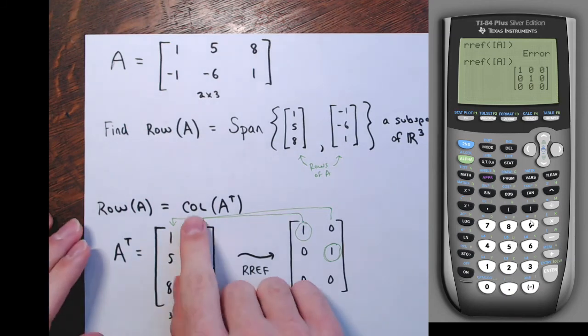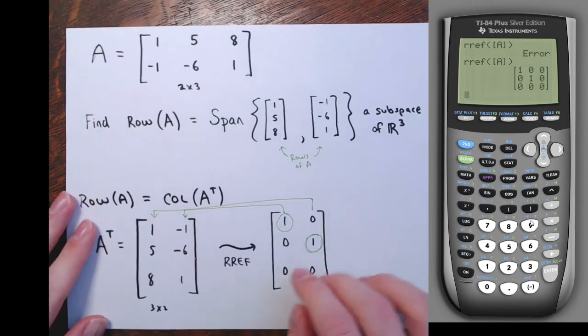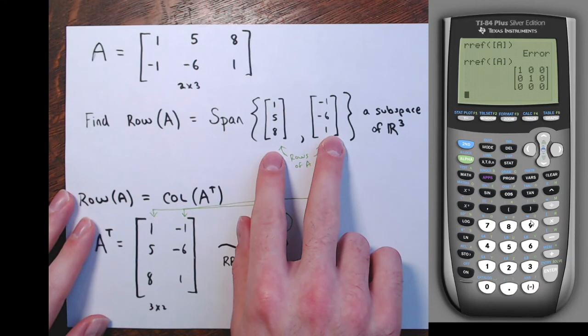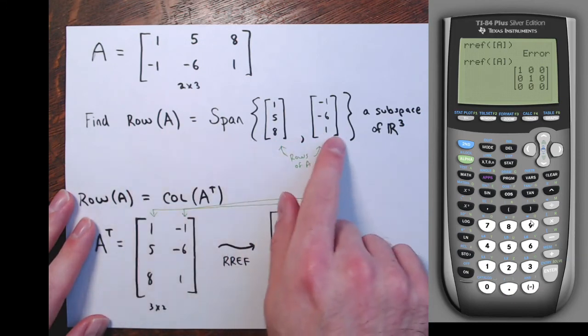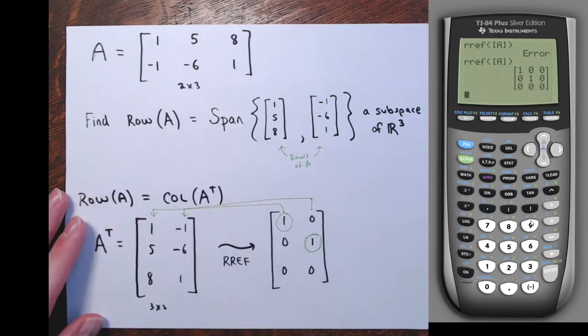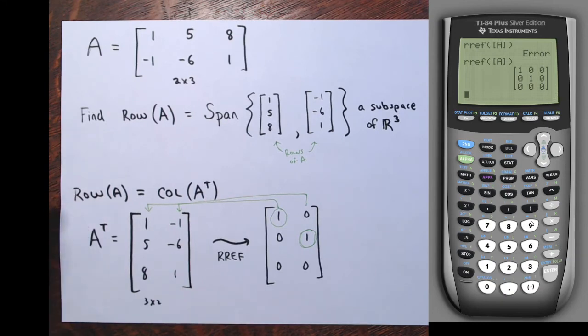But the column space of the transpose is the same as the row space of the original. So this set of these two vectors, 1, 5, 8 and -1, -6, 1, forms a basis for the row space. And therefore, the dimension of the row space would be 2. Right, a two-dimensional space, a plane.